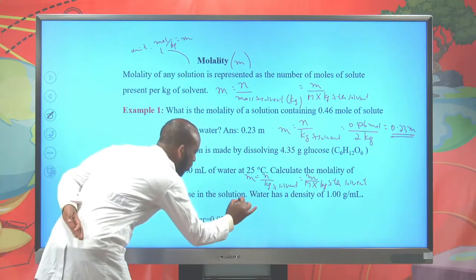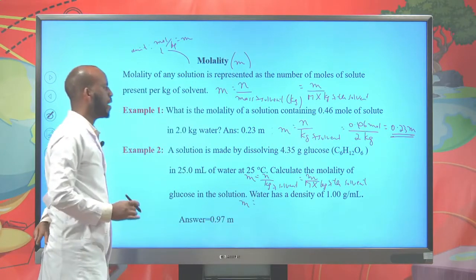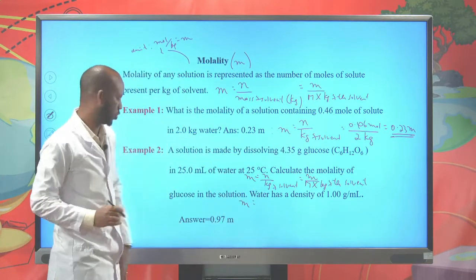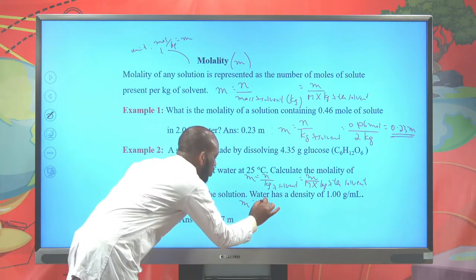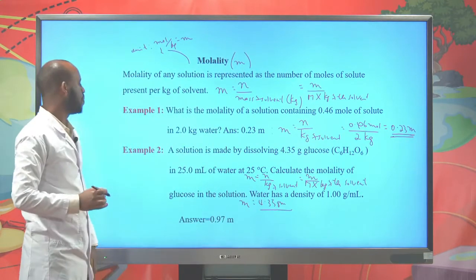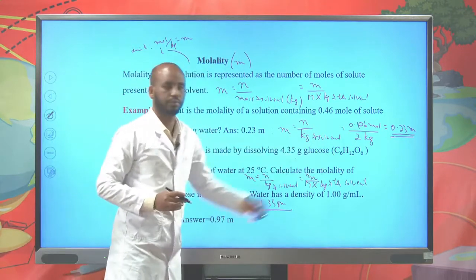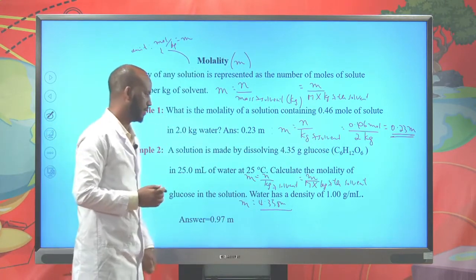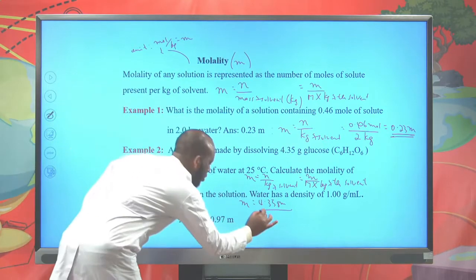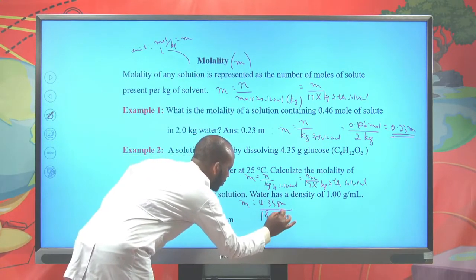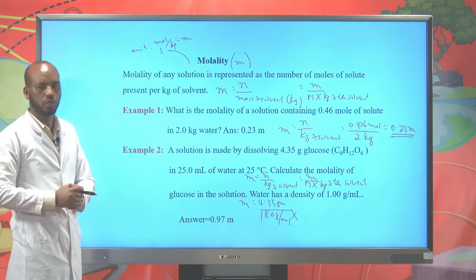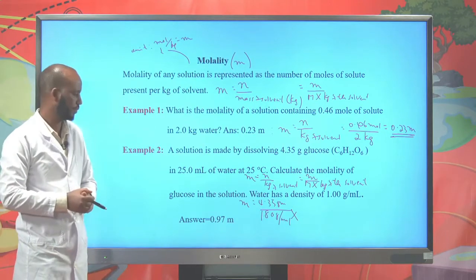Now molality, small m, equals the mass of solute, 4.35 gram glucose, divided by the molar mass of glucose, 180 gram per mole, times the mass of the solvent in kg.